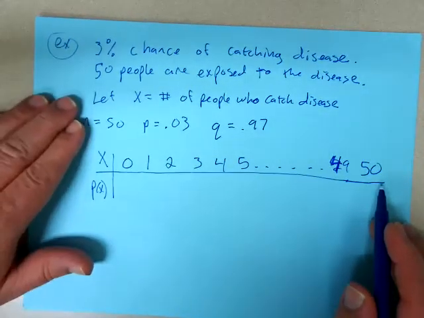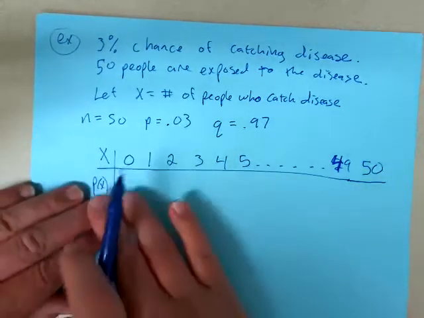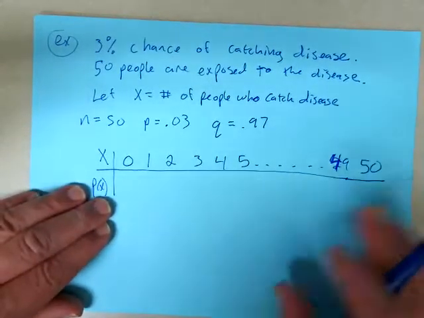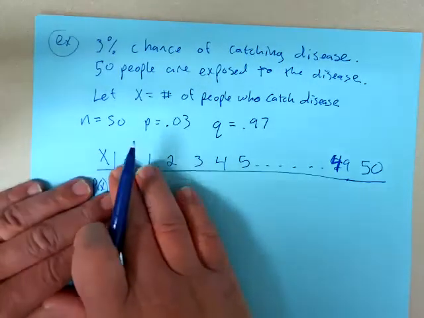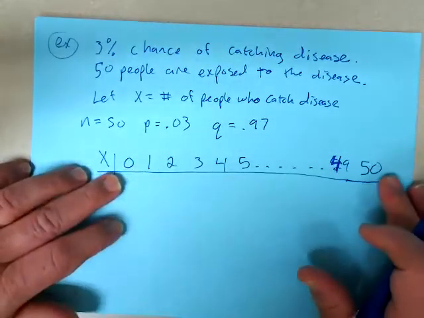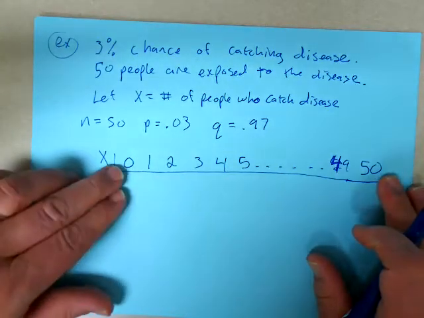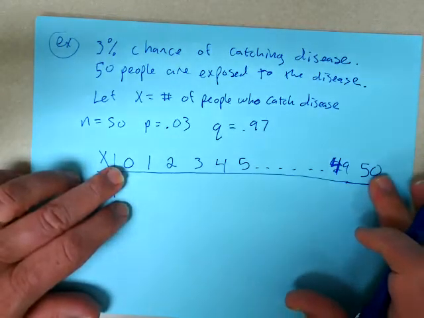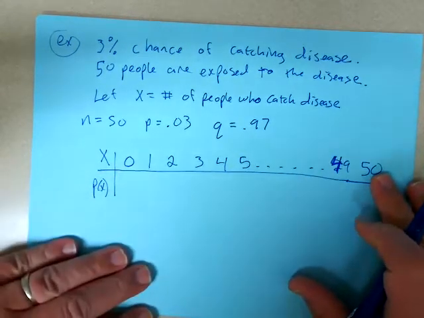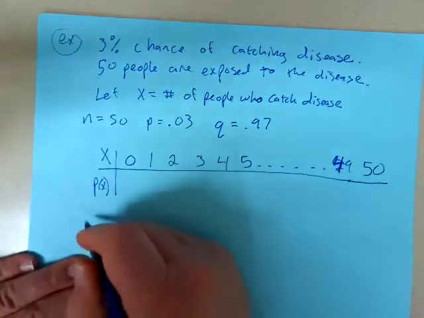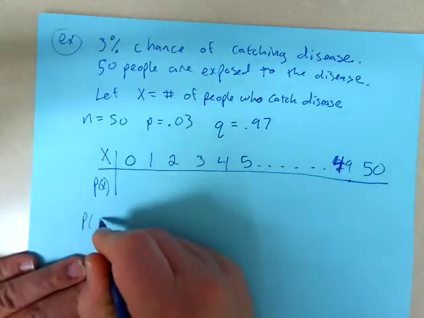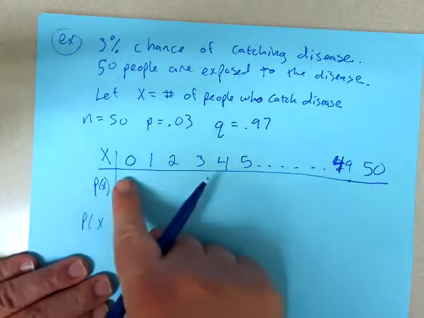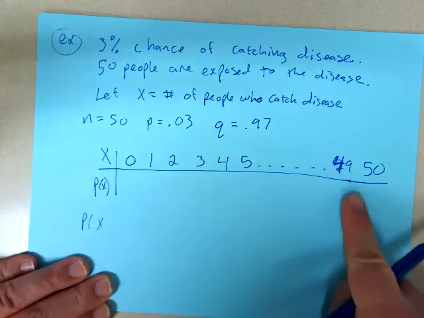So any binomial distribution has a corresponding probability distribution where the x values go from 0 to the total number of trials, because you could have no successes all the way up to every one is a success. Okay, and the binomial probability formula that we learned actually gives you the probabilities in this table.